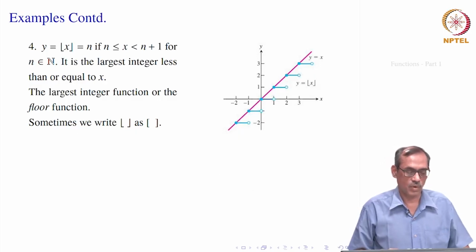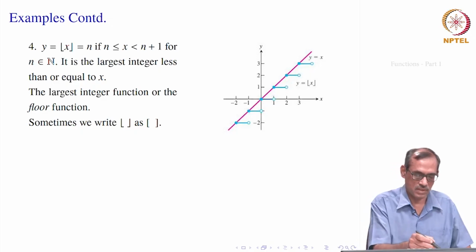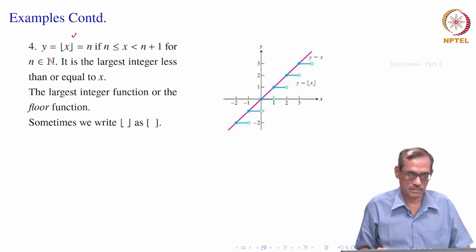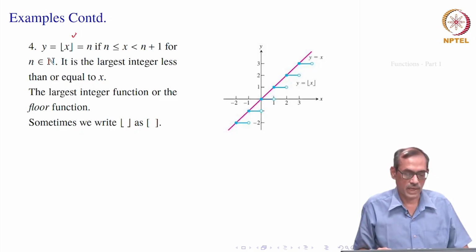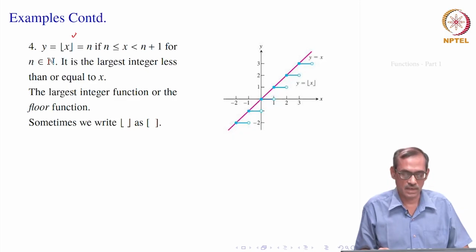So, let us take y equal to floor of x. This symbol is read as floor of x. By definition it is taken as n, an integer, if n is less than or equal to x is less than n plus 1. Let us see for example, x equal to 1.5.